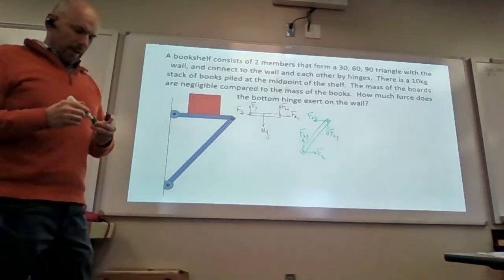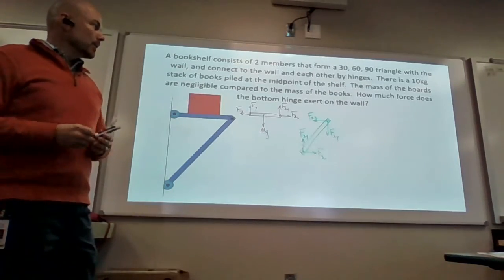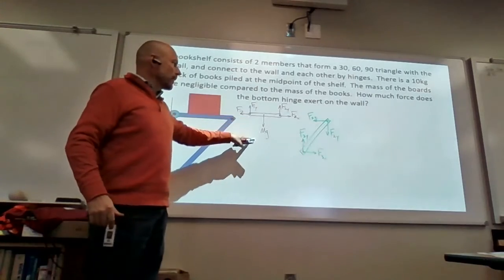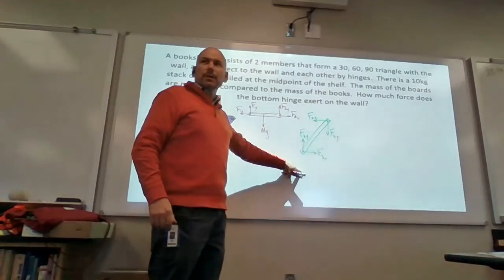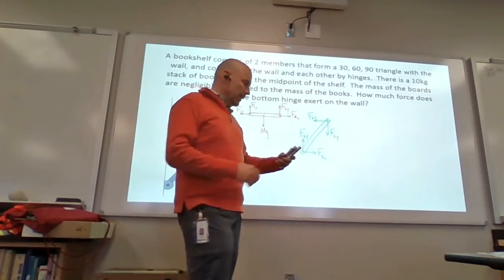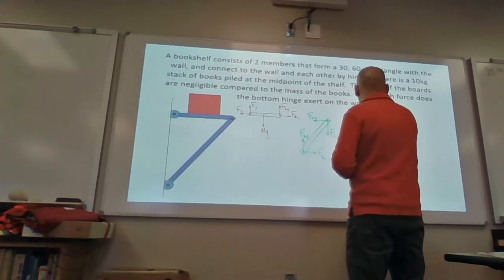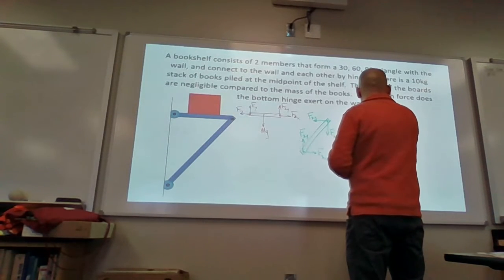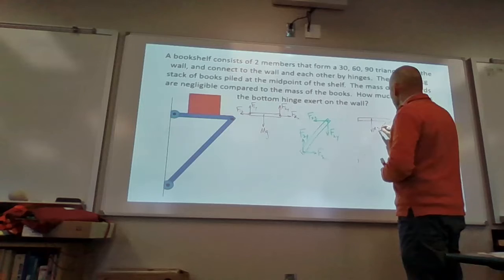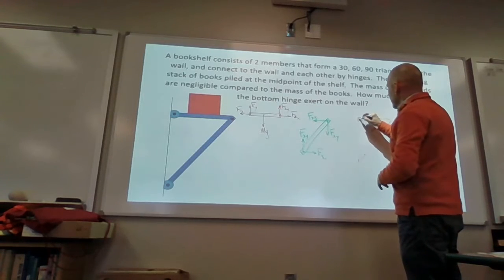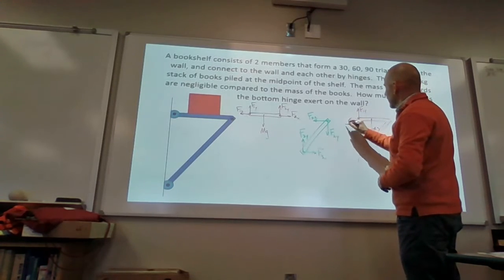So you have the sum of the forces in the X and the Y direction here and the sum of the torques equals 0. You have the sum of the forces in the x and y directions here and the sum of the torques equals 0. You can also do one whole thing and say force of gravity of the load, and then you have F1y, F1x.